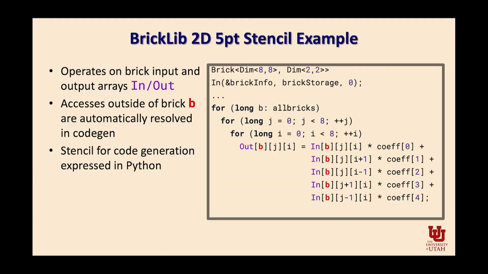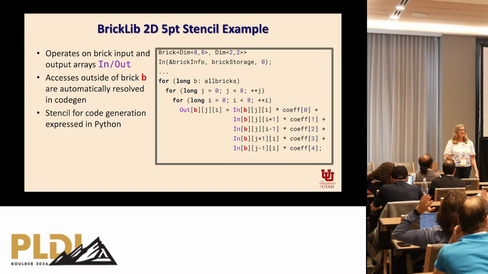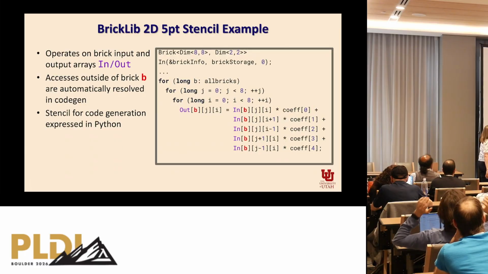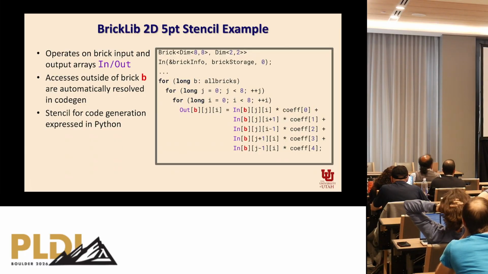And now we'll get a little bit more concrete and look at some of the results. This is a 2D 5-point stencil expressed in BrickLib. And this looks like normal Python code. There's one difference, which is that I have a brick associated with the computation that I want to do.